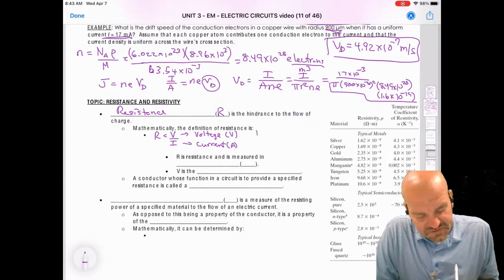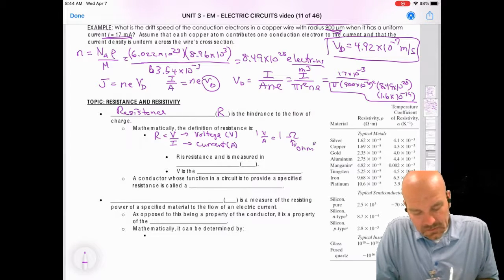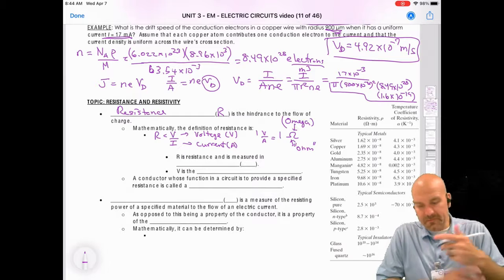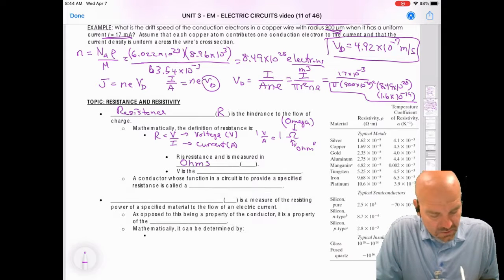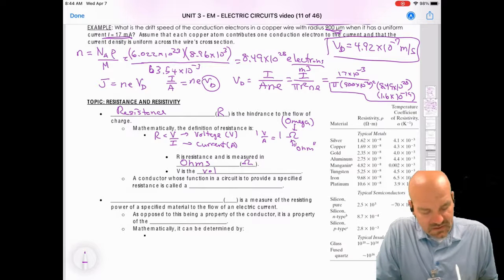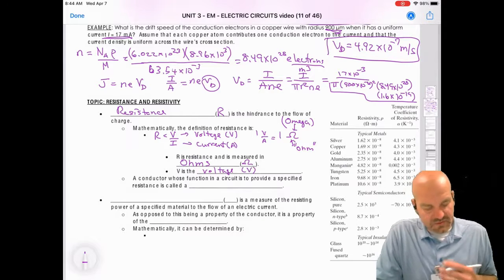So a resistance is 1 volt per amp, which we call an ohm, and this is the capital omega, the Greek letter omega. It's the horseshoe-looking symbol. So resistance is measured in ohms, and V again is the voltage from the source.